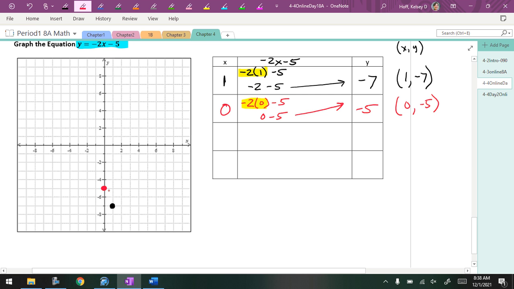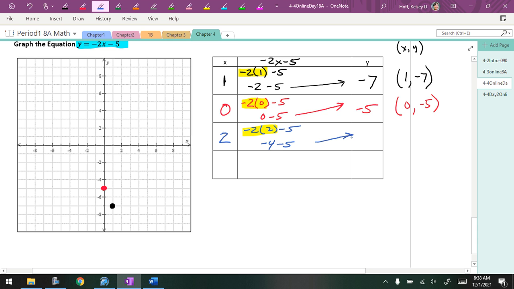Now, I heard somebody else say another easy number would be 2, right? Okay, so let's plug in 2. So we're going to take negative 2 times 2 minus 5. First thing I should do, multiply. Negative 2 times 2 is negative 4. Now be careful here.